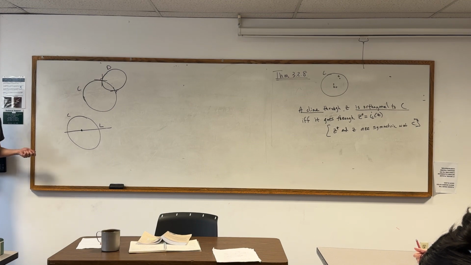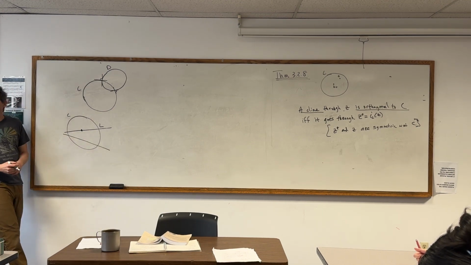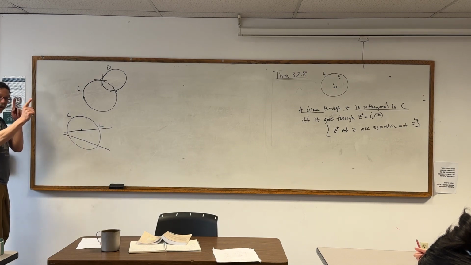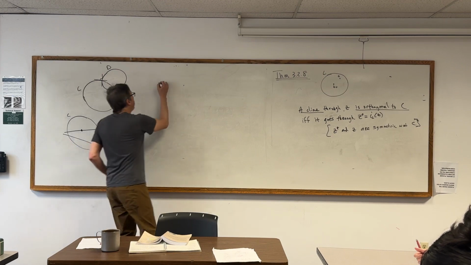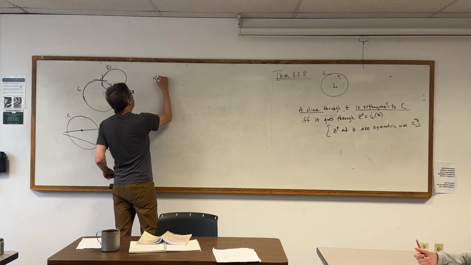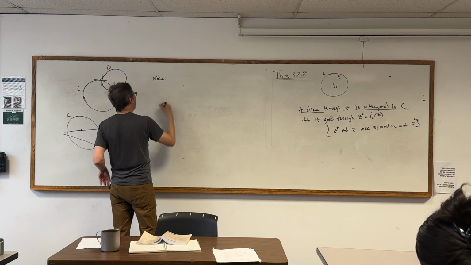If the line doesn't go through the center, it is not orthogonal. So that is a two-way condition. That's an if and only if. So let's just put a little note here. Note to selves, all ourselves.